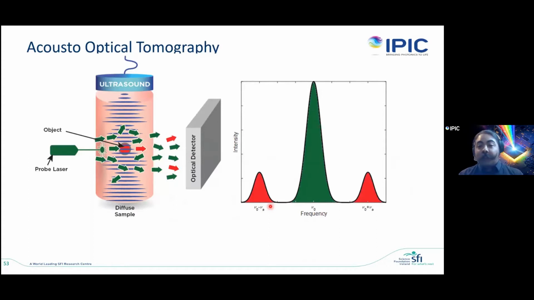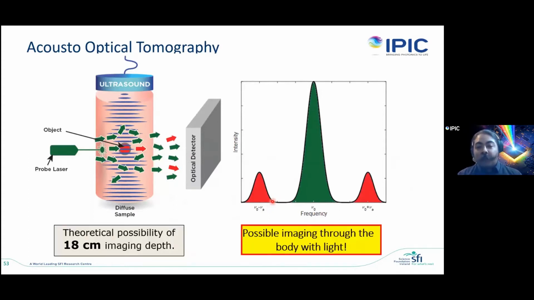If we detect only this type of light, we filter it, we can image tissues over 18 centimeters deep, which means we can image through the body. And if we image throughout the body, we are doing the same as the tricorder, right? We are moving towards Star Trek, or at least the tricorder.